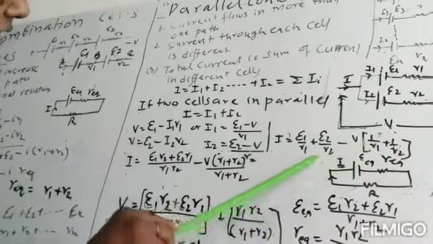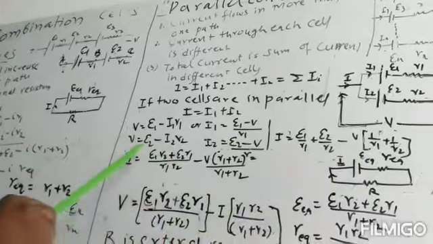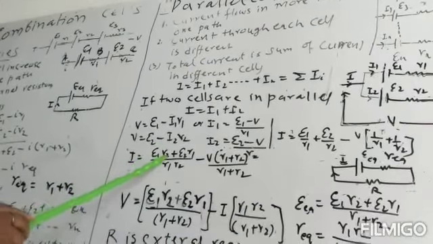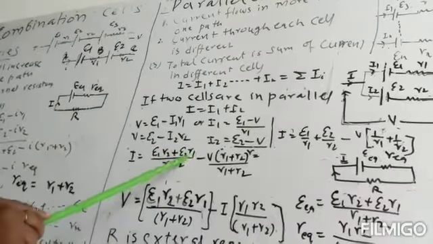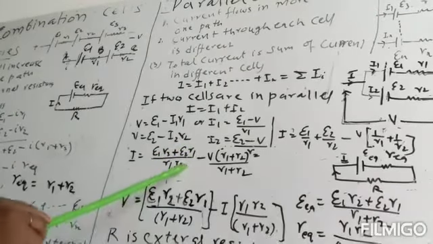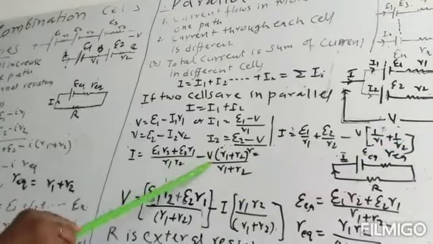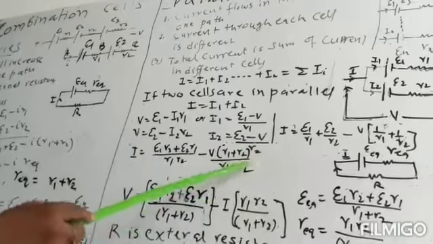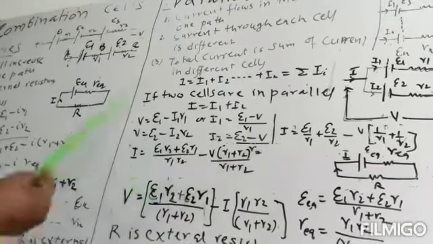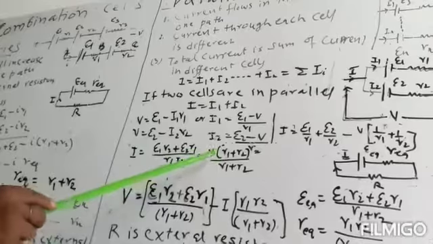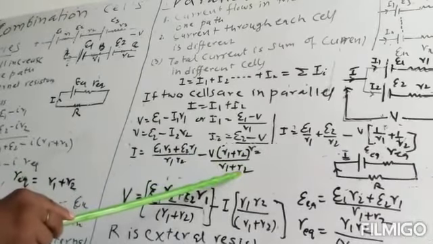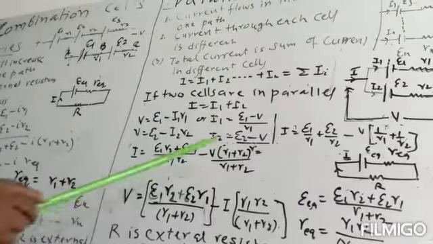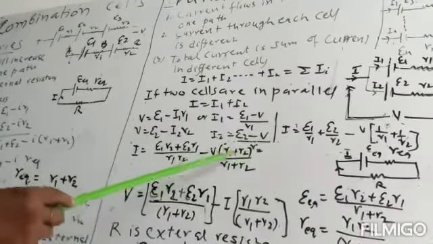Taking R1 R2 as the LCM, I will be equal to (E1 R2 plus E2 R1) by R1 R2, minus V times (R1 plus R2) by R1 R2. Then we can find the value of V from this expression.